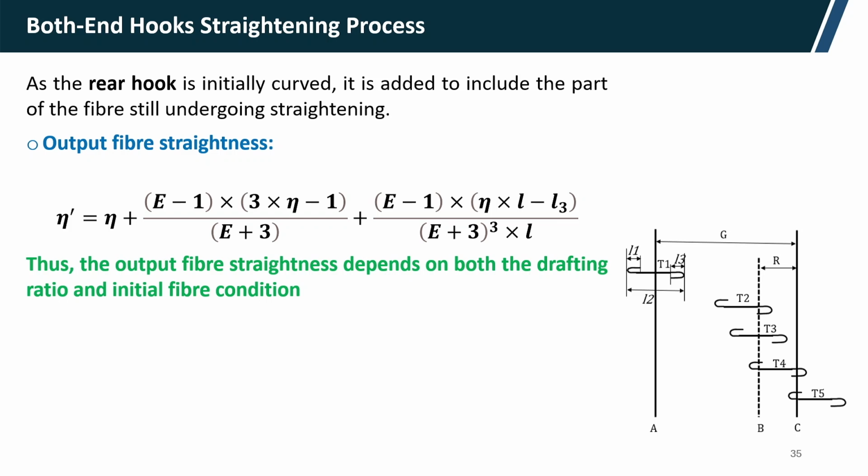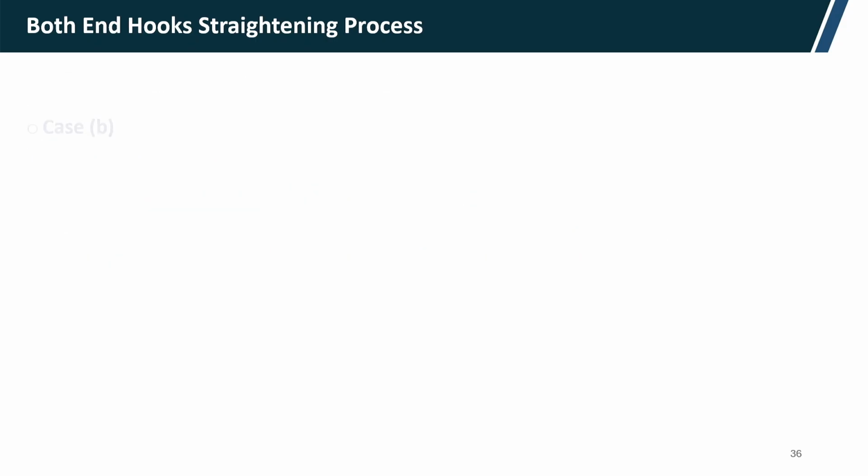The output fiber straightness depends on both the drafting ratio and the initial fiber condition. E is the draft ratio and the initial fiber condition is eta.